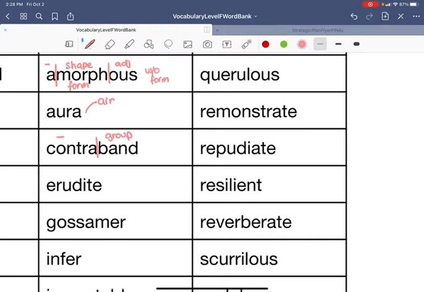And in Italian, it could mean bando, which is like proclamation. Or maybe a band. So yeah, contraband, it doesn't really translate exactly like this when you put it together. Kind of does. But it really means illegal smuggled goods.